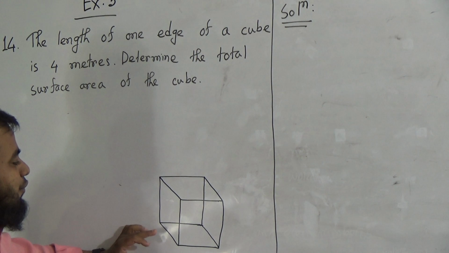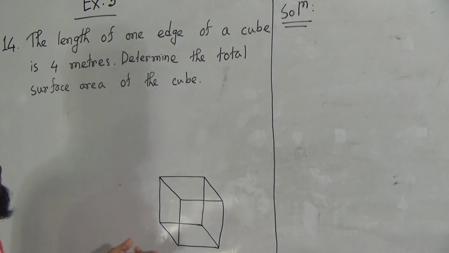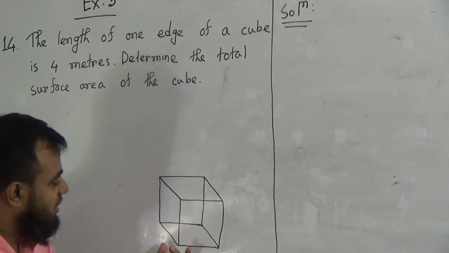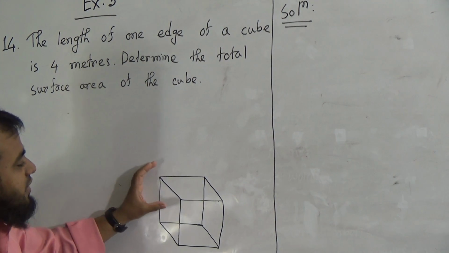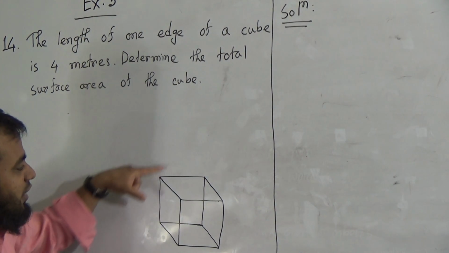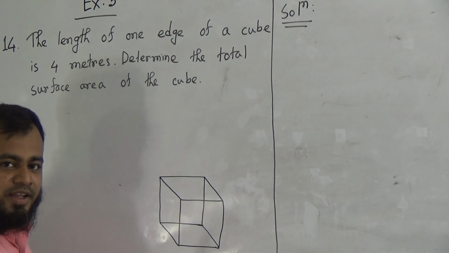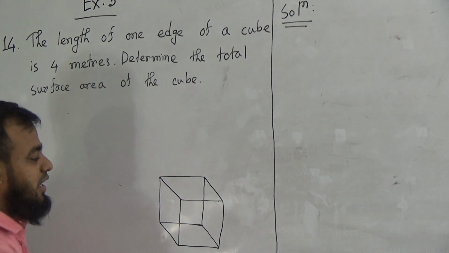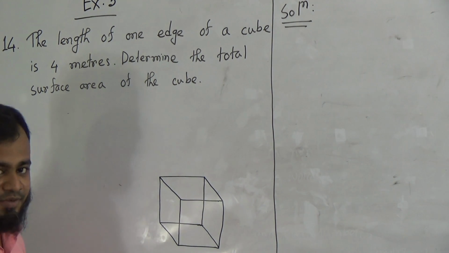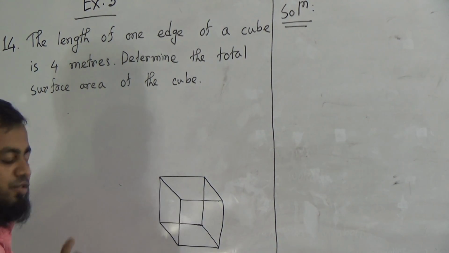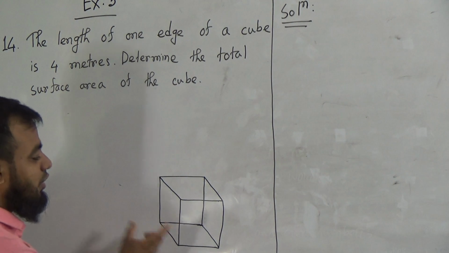That means for finding the total surface area, we need to find only one square's area. If we find one square's area, then that area will be multiplied by 6, because a cube has 6 square surfaces. We will get the total surface area.